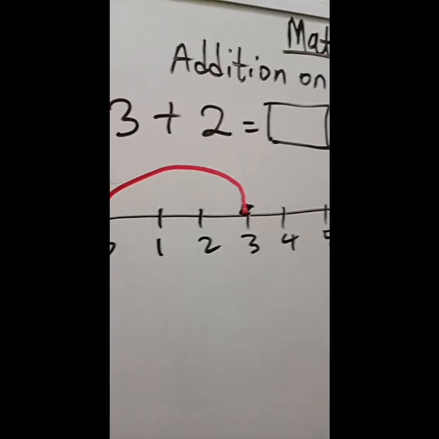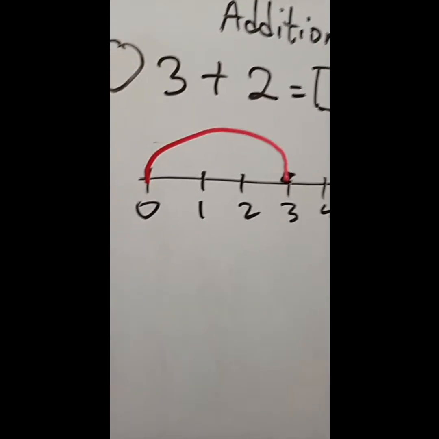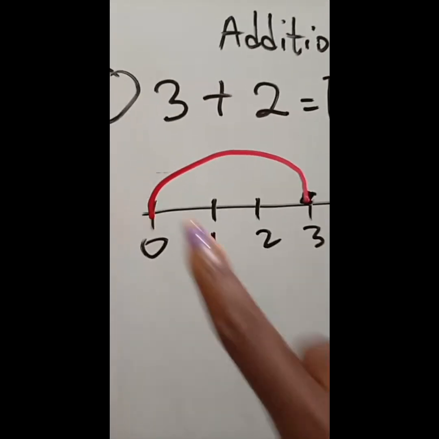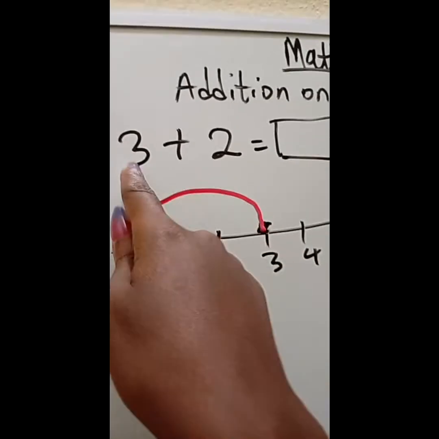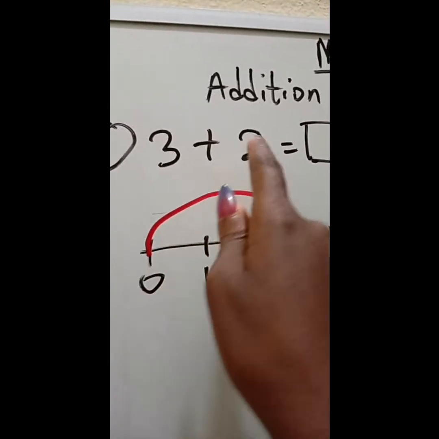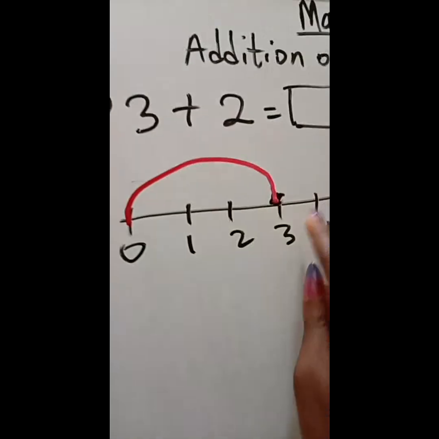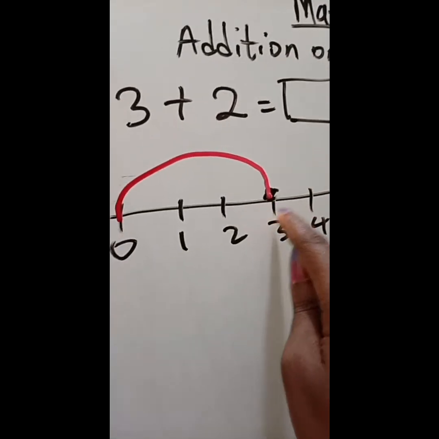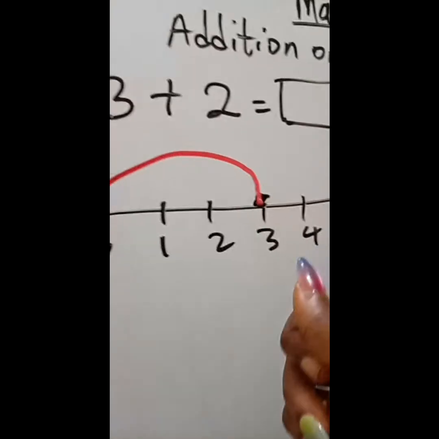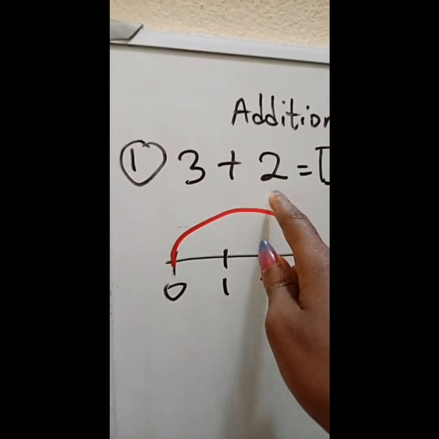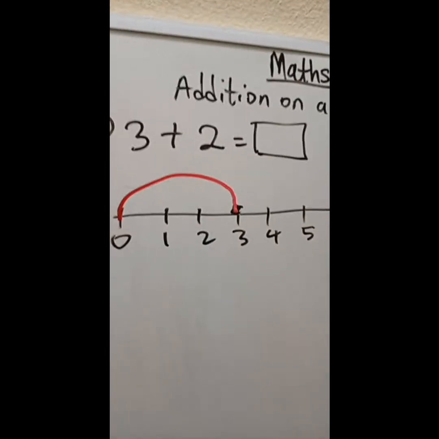The frog started the jump from the 0 point to number 3. We have 3 plus 2, so we're starting with 3. From this 3, how many jumps did the frog do? It's 2.